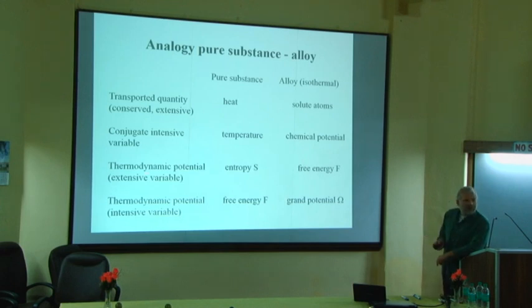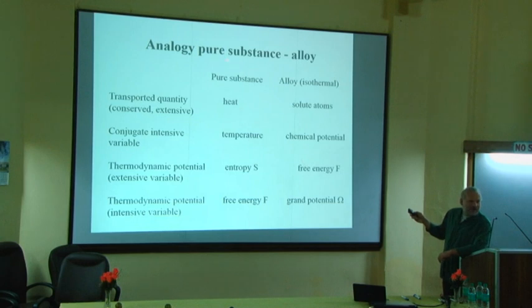If you write down a thermodynamic potential in the extensive variable, for the pure substance it would be the entropy, and for the alloy it would be the free energy. If you write down the thermodynamic potential in the corresponding intensive variable, for the pure substance it would be free energy, and for the mixture it would be the grand potential. And now you see, in some sense, in a nutshell, where the problem comes from.